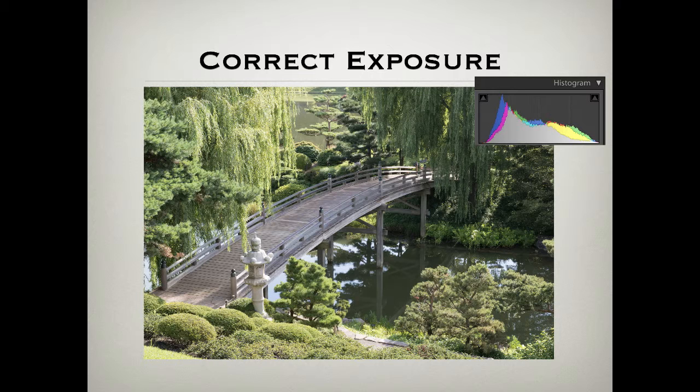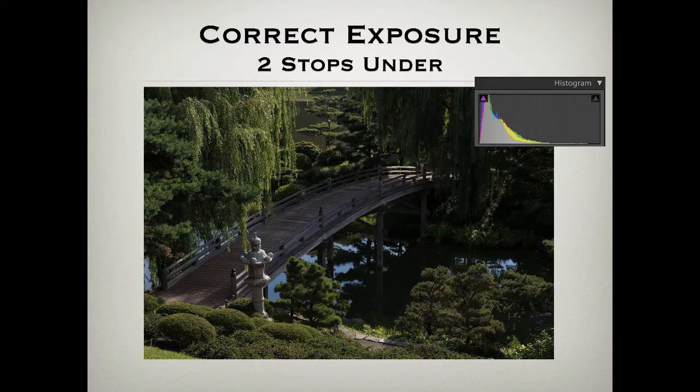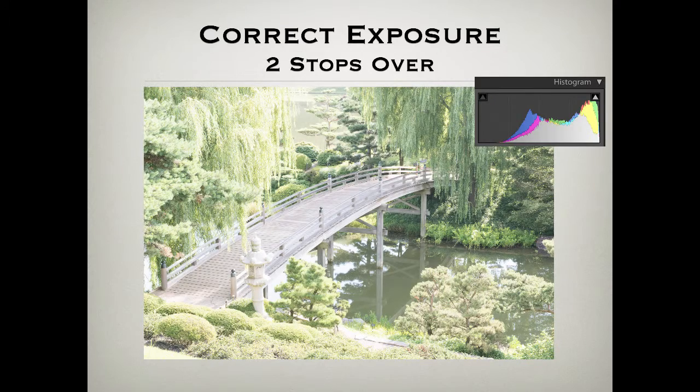So if we can move our exposure a bit to the right without overexposing and losing data. In this example, we've lost data because we've pushed data off the right side. If we can move it to the right a little bit, maybe we could have gotten 1 stop overexposed. We're actually capturing more data that we can process later.